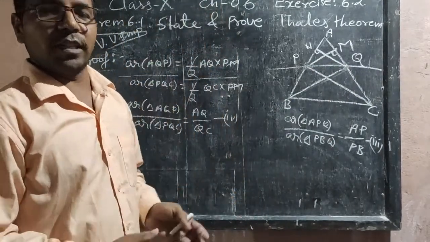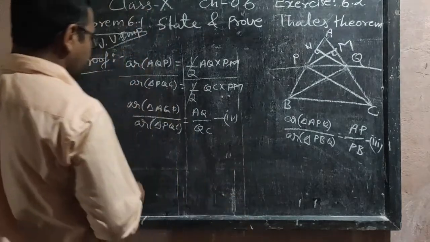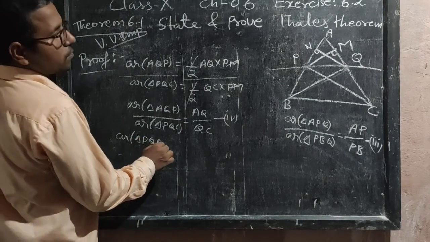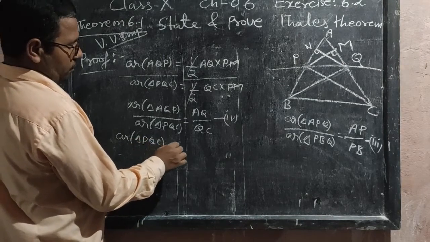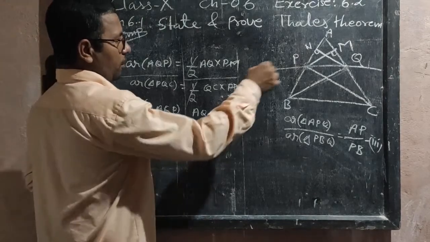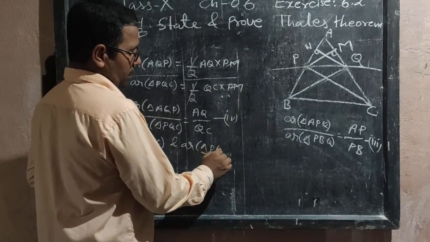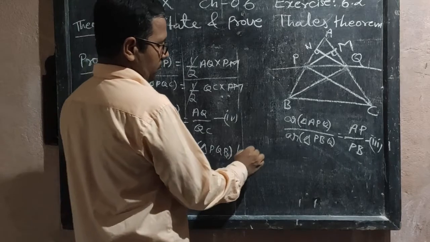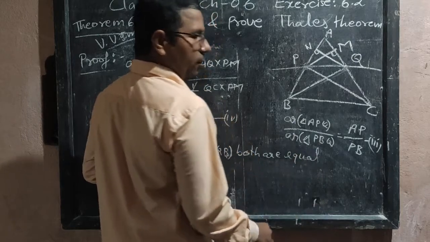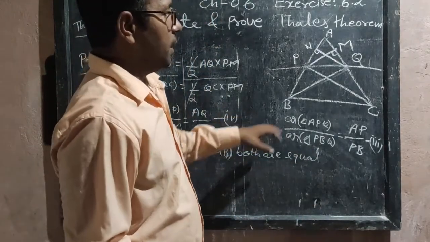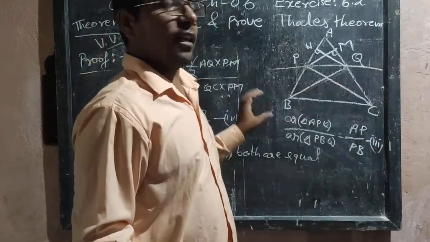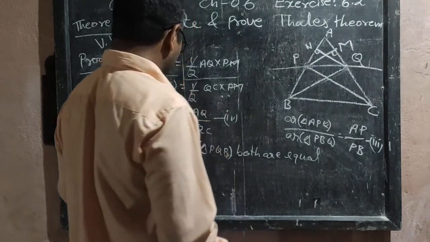So the area of triangle PQC and the area of triangle PBQ, or PQB, are both equal, because both triangles lie on the same base between the same parallel lines.